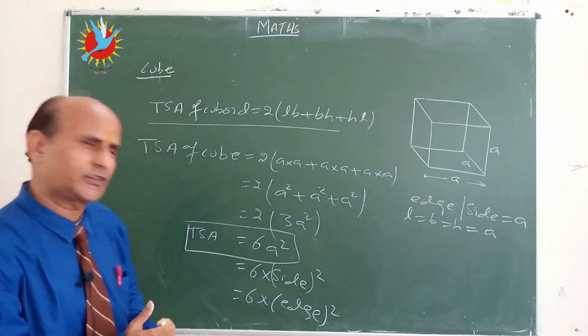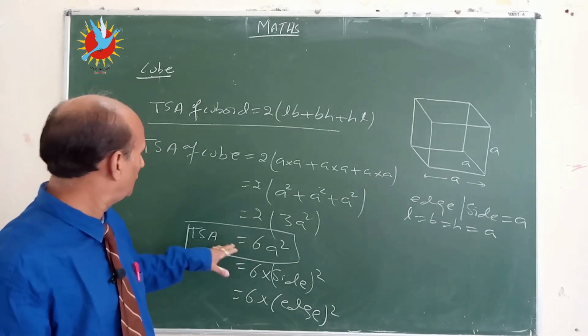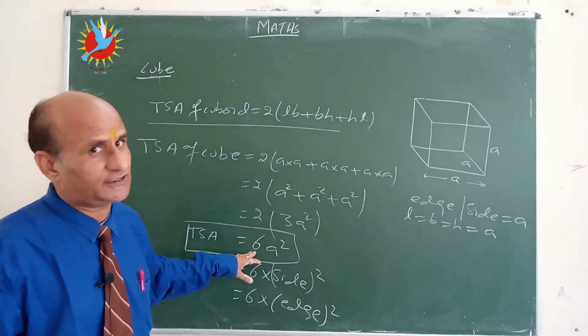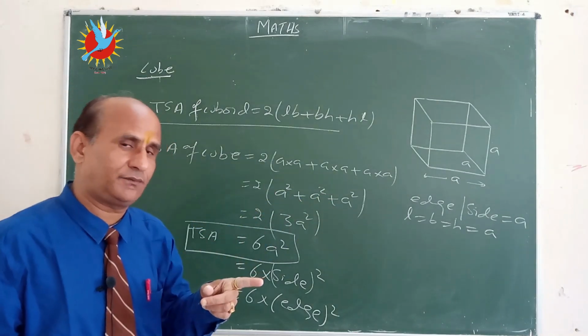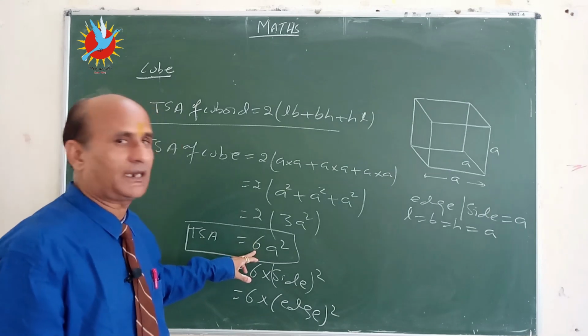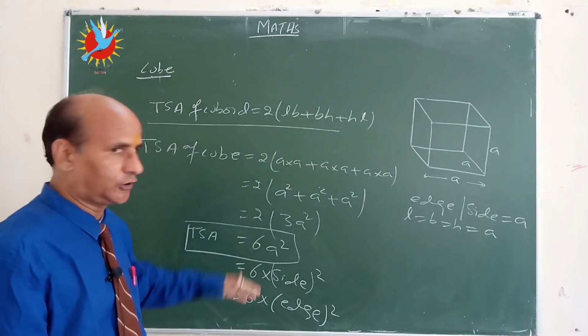Whatever is given in the question, you can use this formula. It means if one side is given, first you square it and then multiply it by 6, and you will get the area of the cube.